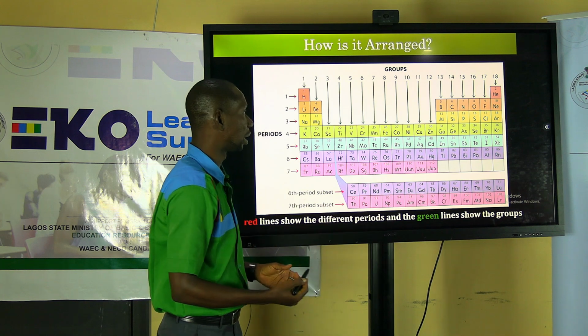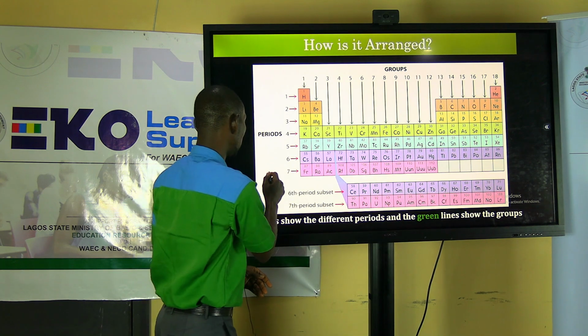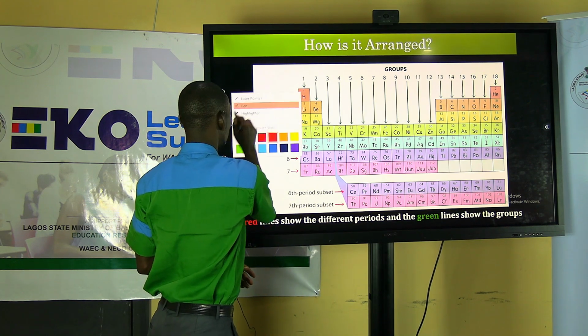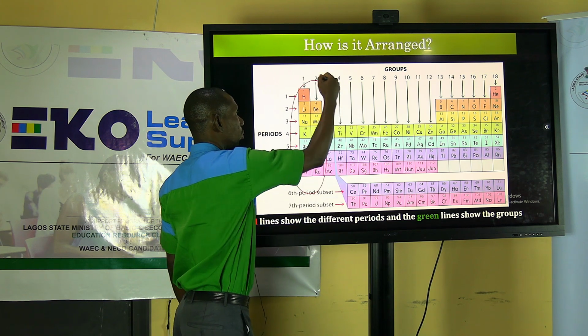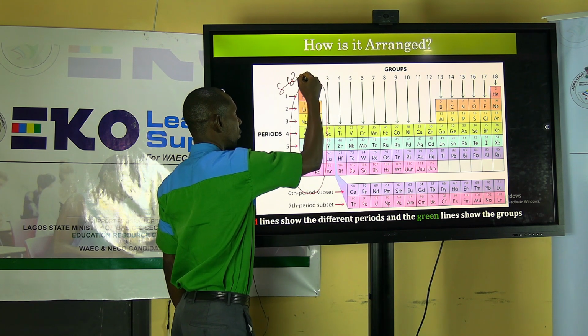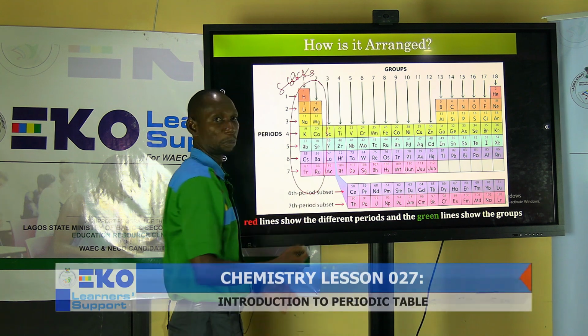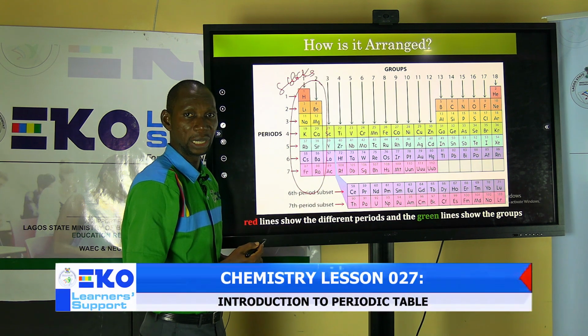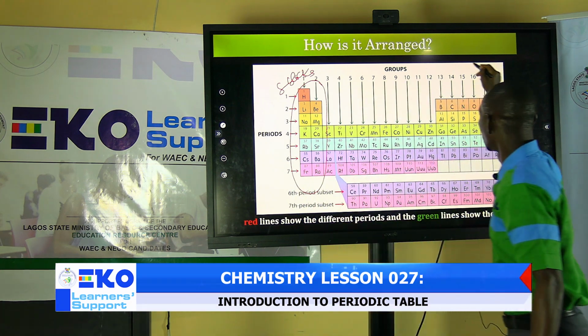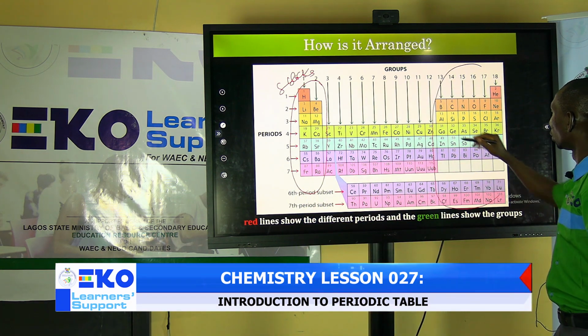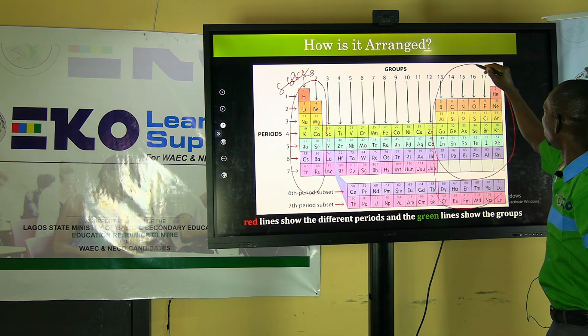If you look at the periodic table, there are different blocks on it. Now, the first 2 blocks are referred to as the S block. This is the block that contains the main metals. While the last 6 blocks are referred to as the P block.